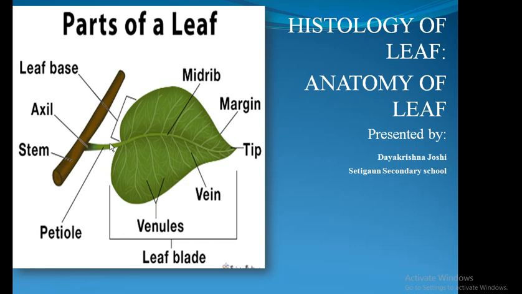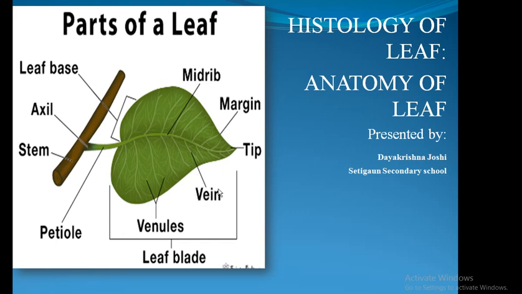From this side, follow my cursor, from this base point to the tip of the leaf, here is one line. That means this one is a midrib, and from the midrib there are a number of other lines or veins.